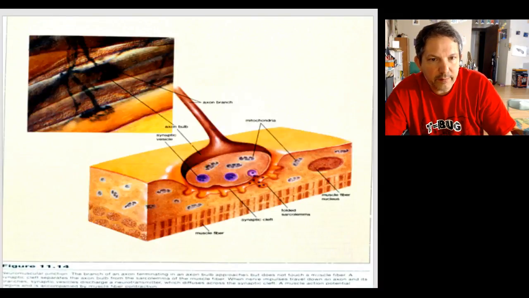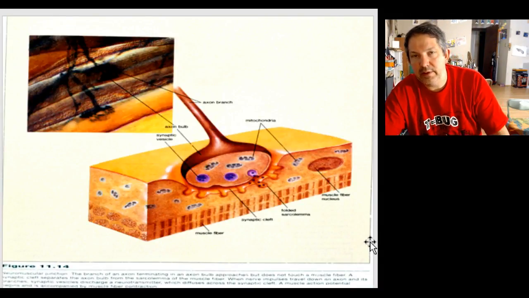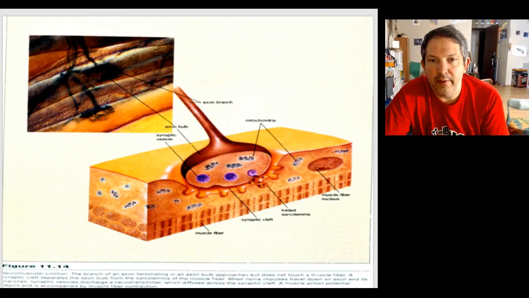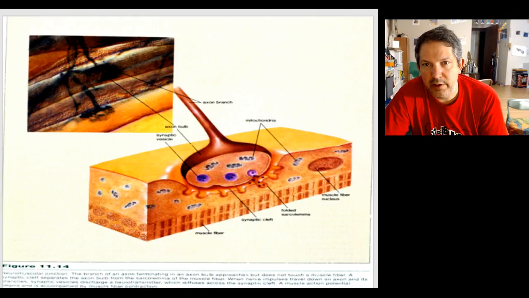Let's move on. So this is a look at the axon bulb of a motor neuron. So here's the axon, and it comes down to the axon bulb. And so when an action potential, because you decided to move a muscle, comes very fast, and when it gets to the end of the neuron, it causes release of acetylcholine, a neurotransmitter.